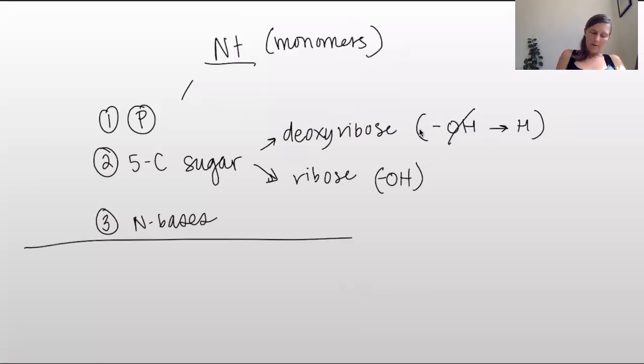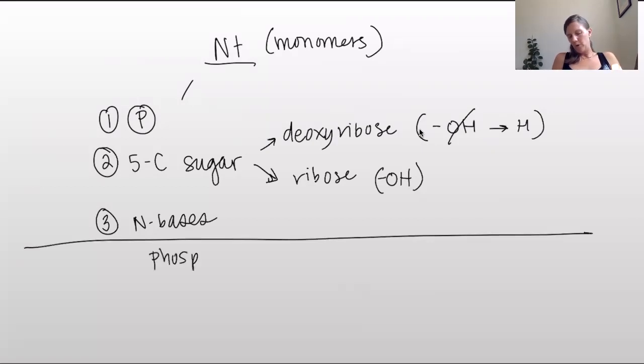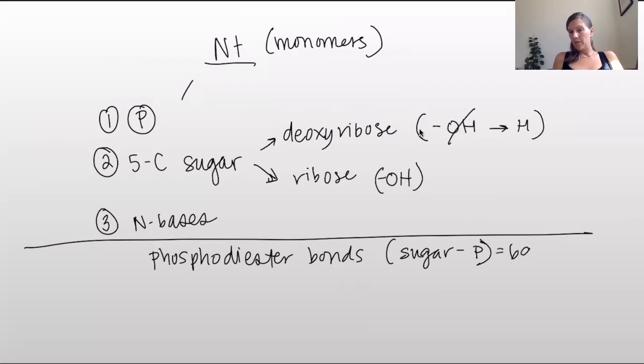And they come together to form phosphodiester bonds. Those form between the sugar and the phosphate group, and that forms the backbone of all nucleic acids.